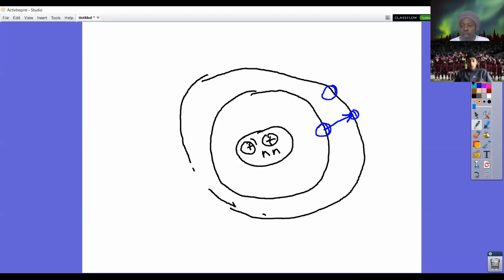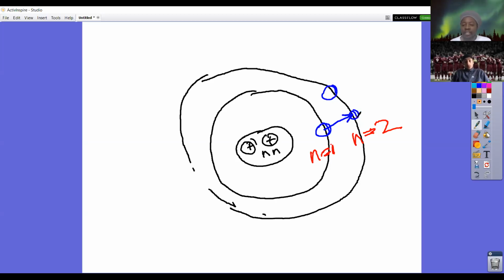Now, in physics, we normally denote this with n numbers. So if this is n equals 1, this particular ring, and this is n equals 2, for an electron to be excited or promoted from n equals 1 to n equals 2, there is an energy gap that exists there. So unless it has the right amount of energy, it will not be able to go from n equals 1 to n equals 2.